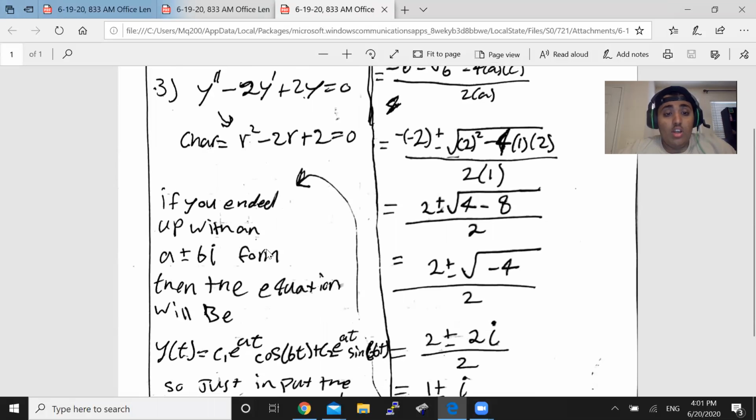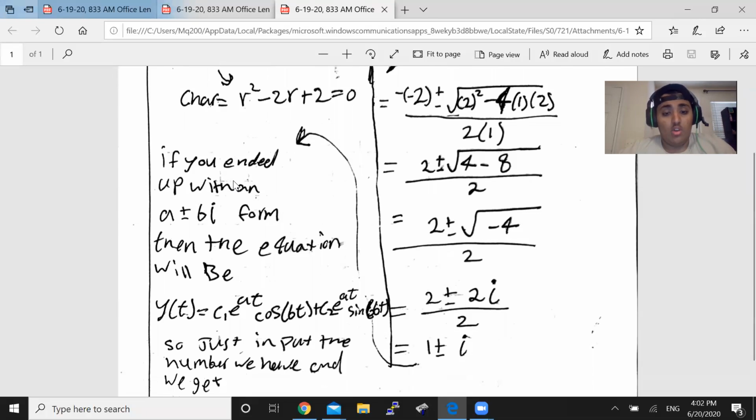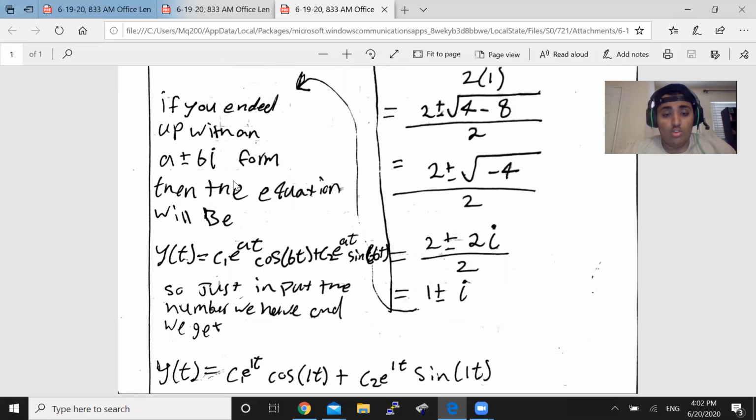If you end up with roots of the form a plus or minus bi, to be exact, the general solution is going to have this form: c1 e to the power of at cosine bt plus c2 e to the power of at sine bt.